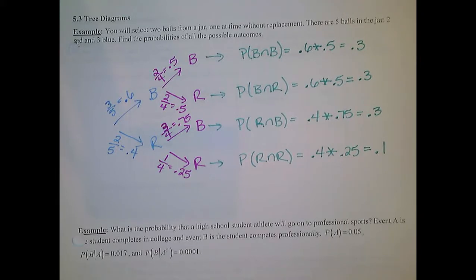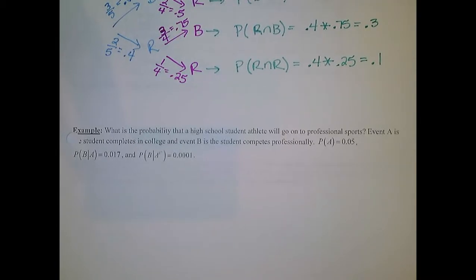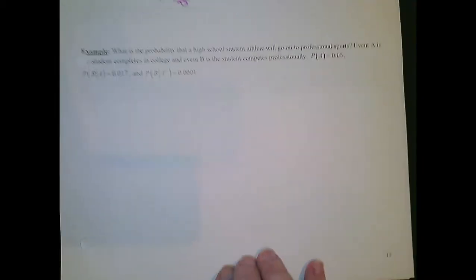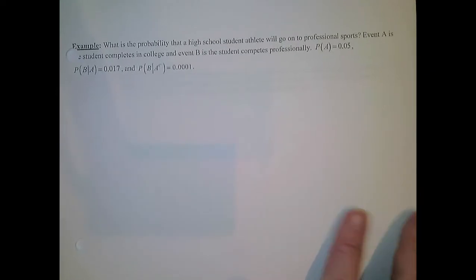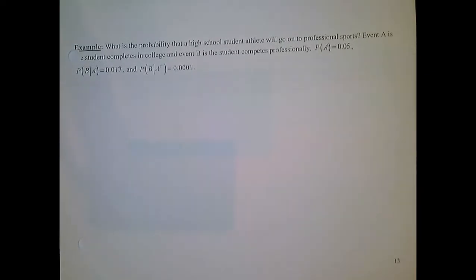Okay. In the next example, they want to know what is the probability that a high school athlete will go on to professional sports. They're calling event A the event that the student competes in college, and event B the event that the student will compete professionally. Then they've told us the probability of event A is 0.05.